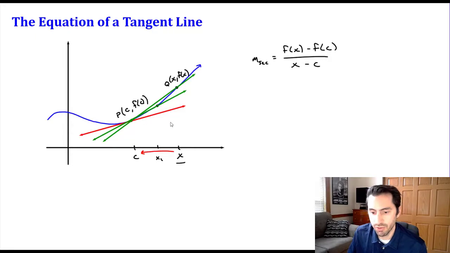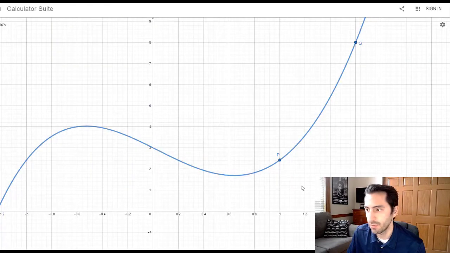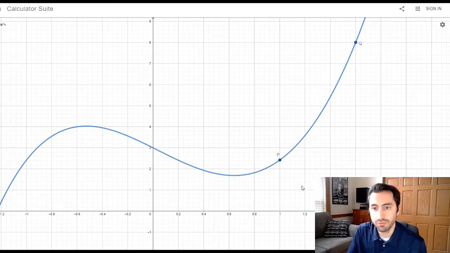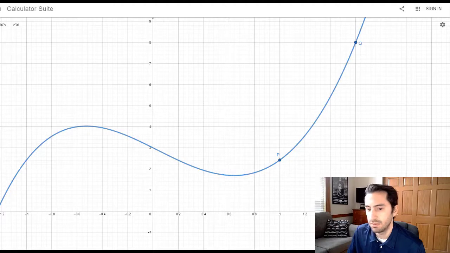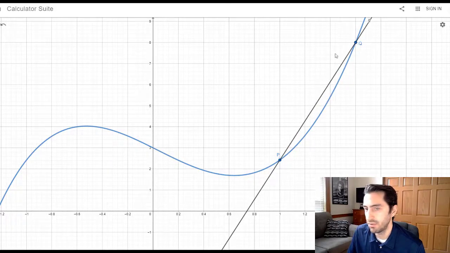So let me switch to a piece of dynamic graphing software. So here I have a function. And what I'm looking at, I got my 2 points. And let me connect these points together with a line. So this line here is a secant line.